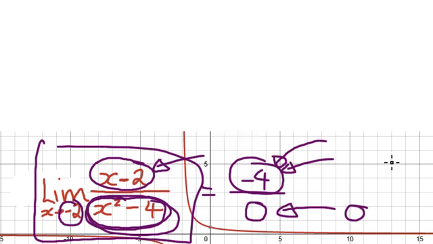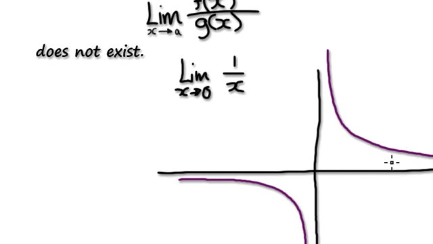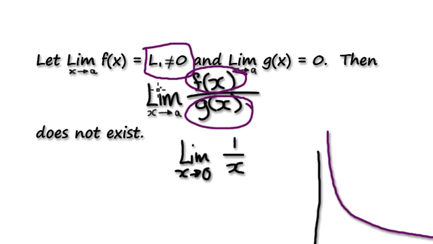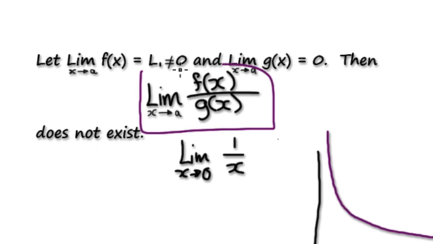That's what the theorem is saying: if the limit of the top exists and is anything other than 0, and the limit of the bottom is 0, then the limit of the whole thing does not exist. A very useful theorem.